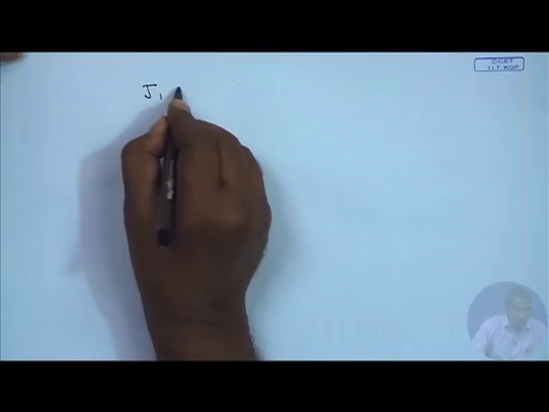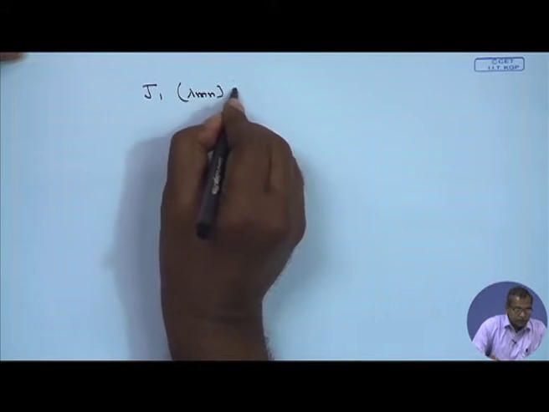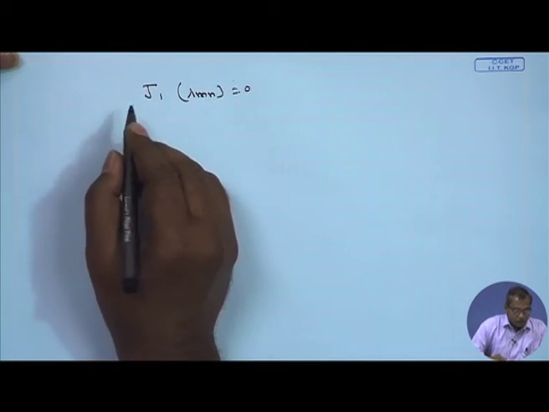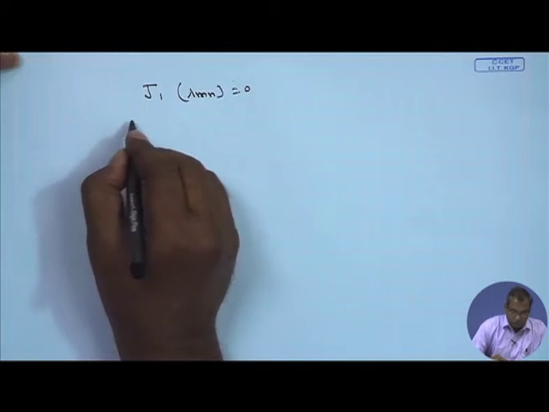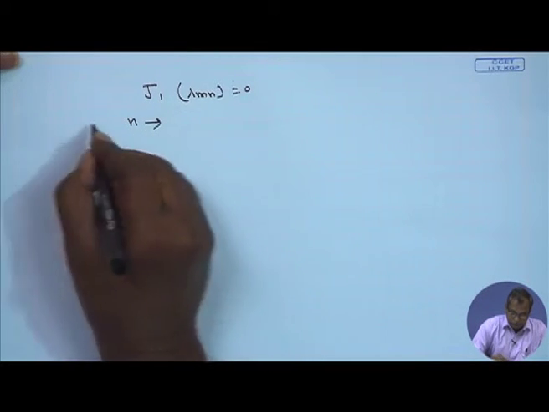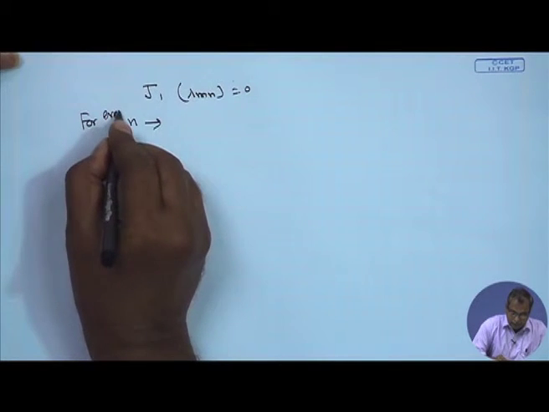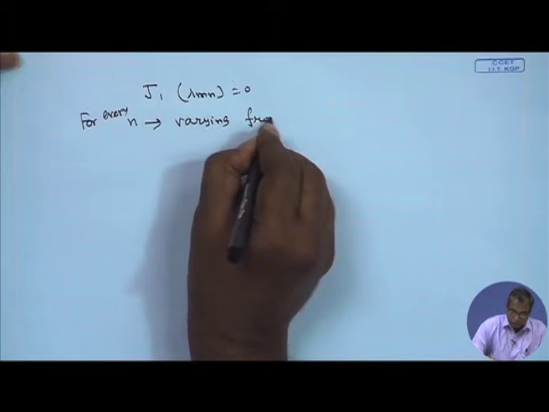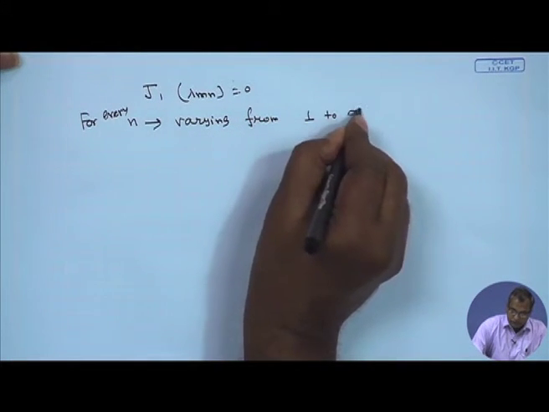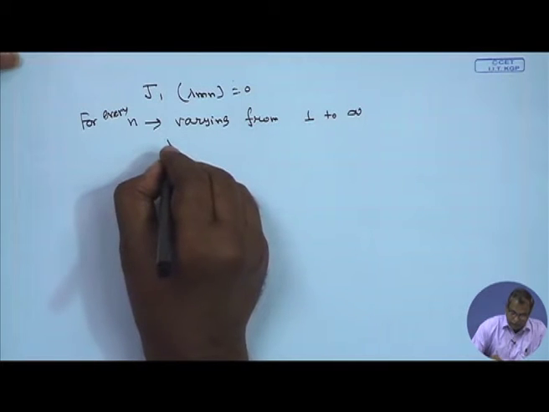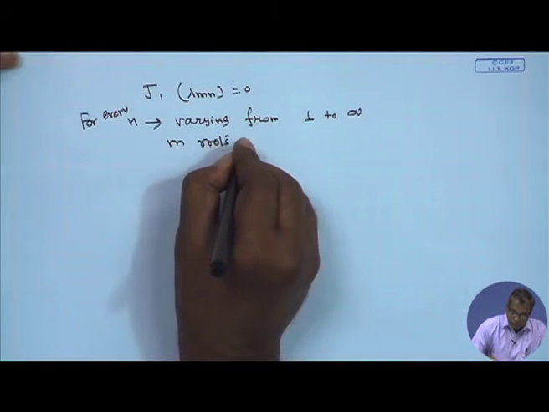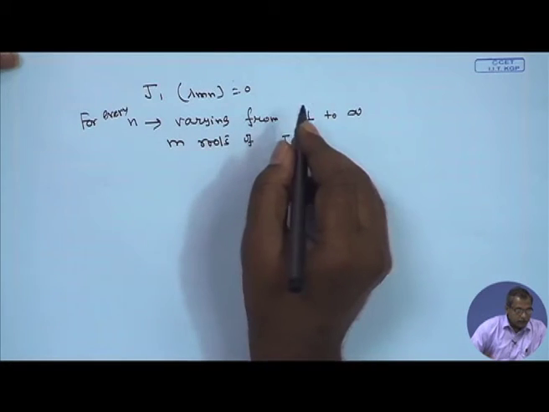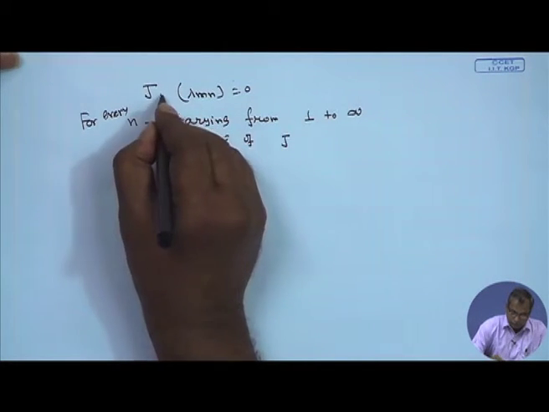So, we will be writing Jn lambda m n is equal to 0. There will be an infinite number of loops, for every n varying from 0 to infinity, we will be having m roots of Jn.